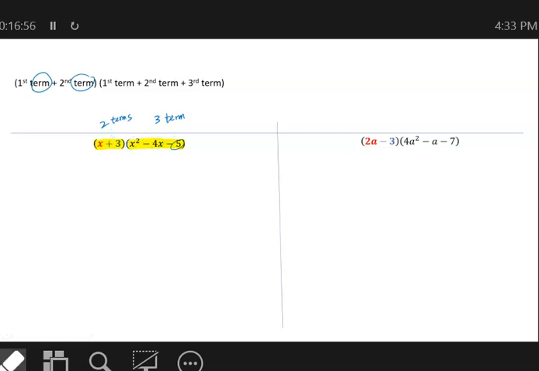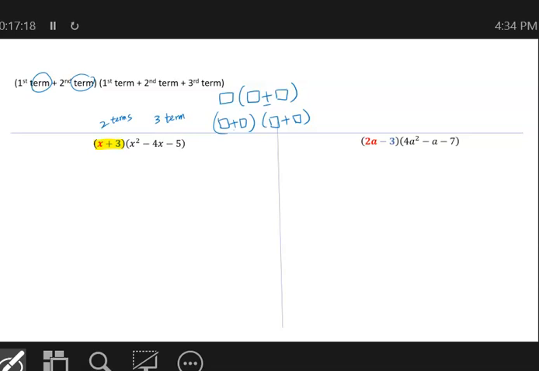So previously we did one term times two terms and two terms times two terms. We also did two things times two things, for which we use the FOIL or distribution twice.